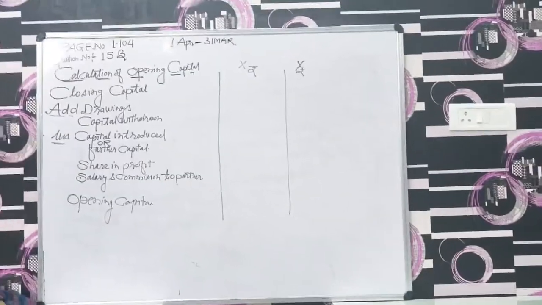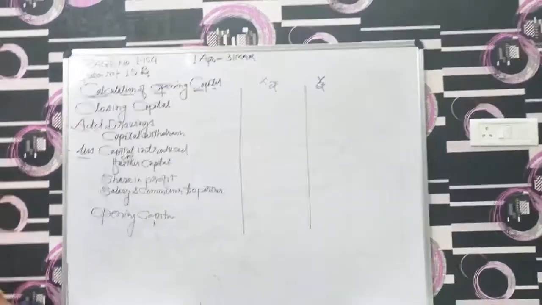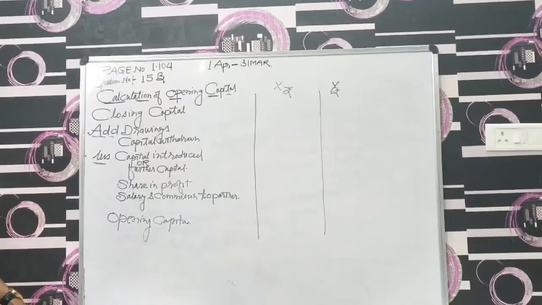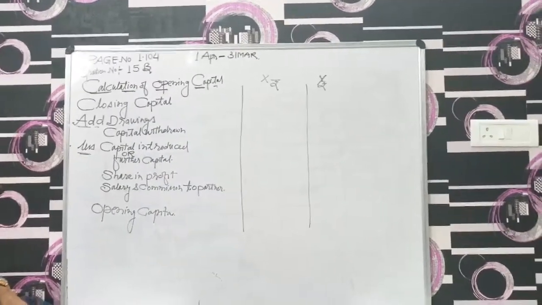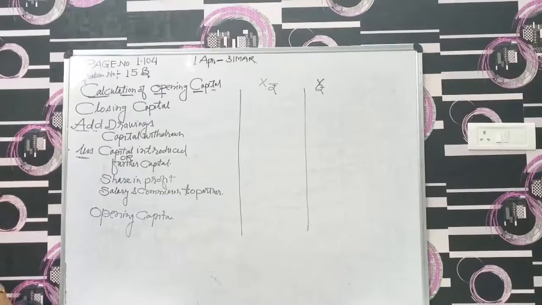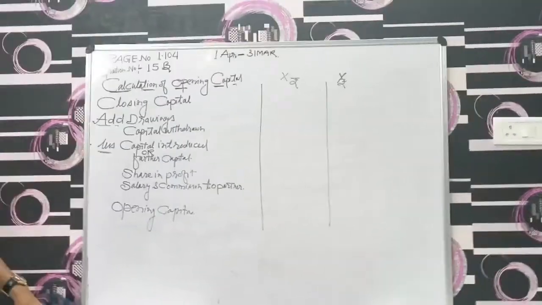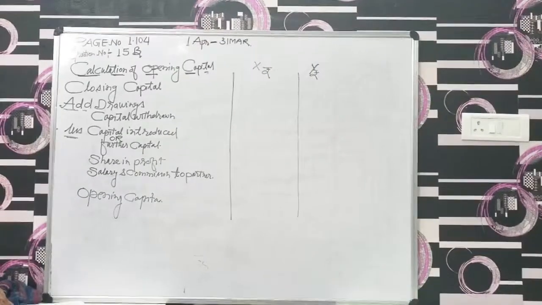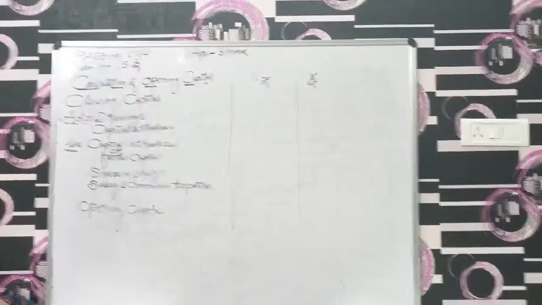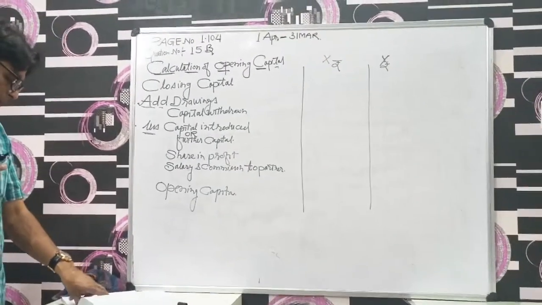On 1st July 2018, Y introduced 30,000 while X introduced 20,000 on the 1st January 2019. The firm earned a profit of 50,000 during this period. Later on, they decide to charge interest on capital at the rate of 8% per annum.